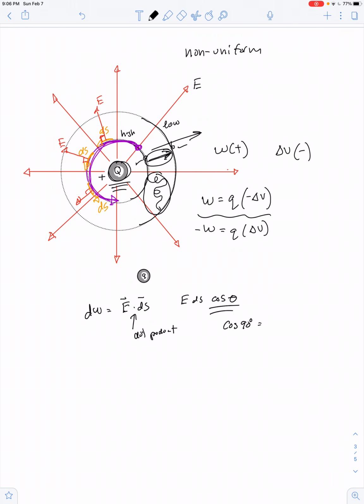Cosine of 90 degrees is equal to 0. And so no work would be done. But that's the whole point of an equipotential, right? It's a path along which a charge can be moved without any work being done. In other words, unless the charge gets moved to a different equipotential, no work is done, right? If there's no change in electric potential, there's no amount of work.